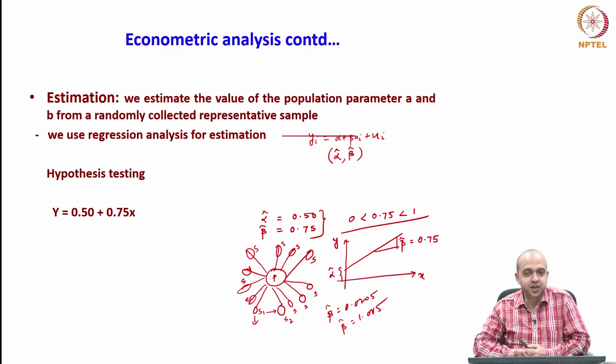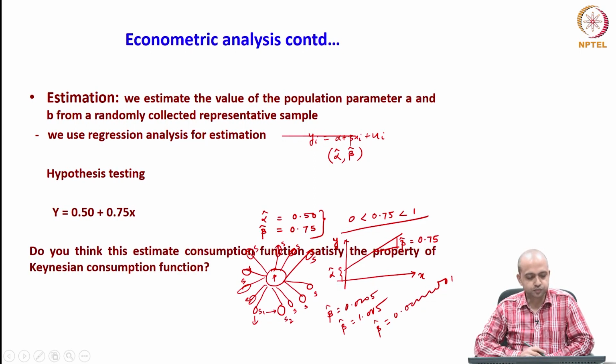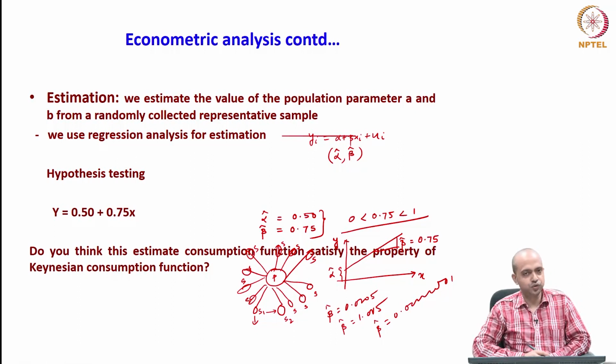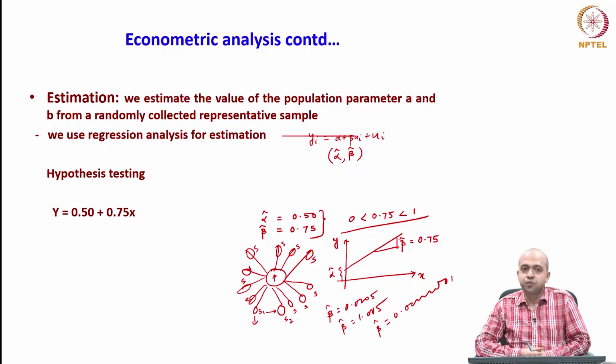What I need to guarantee is that even if I draw n number of samples from the population, in all the samples my beta hat value will come out to be significant. When I say significant, that means it is significantly different from 0, because if the beta hat value is, let us say, 0.0000001, this is almost 0, and in that case you have to say that my income does not have a significant impact on consumption.